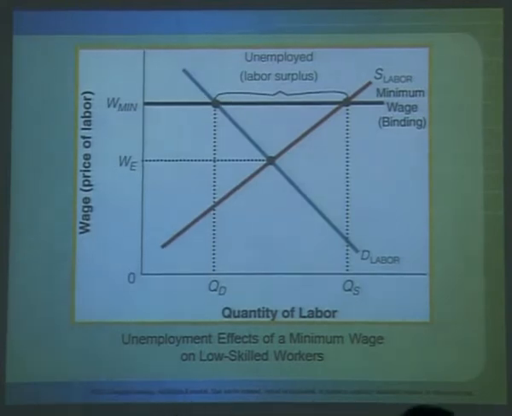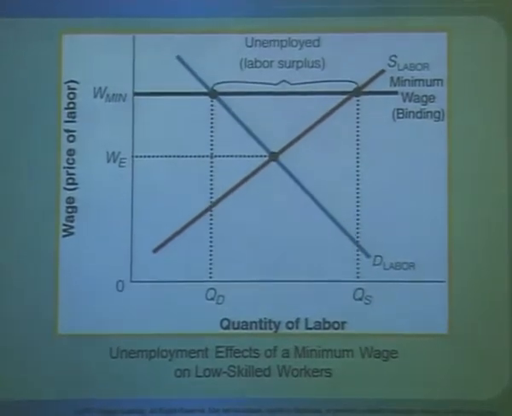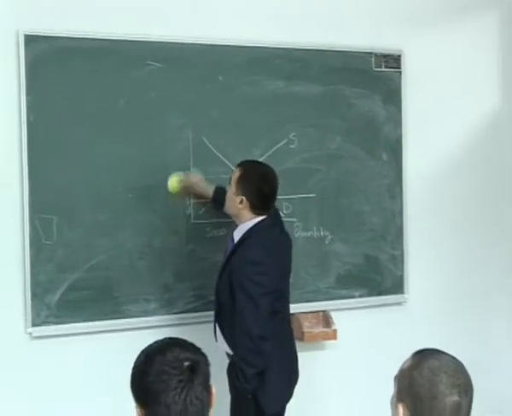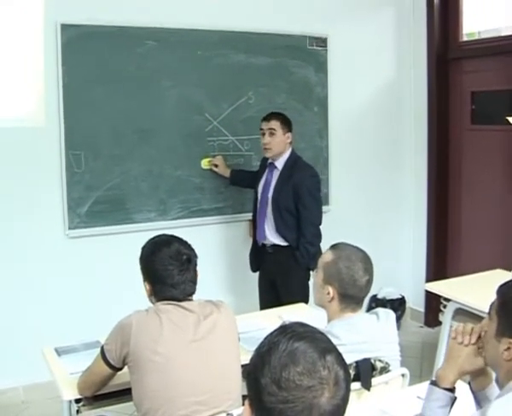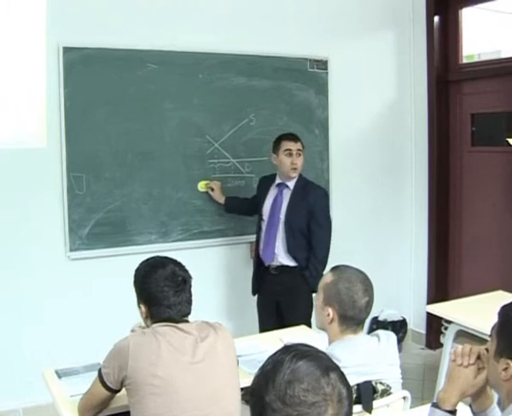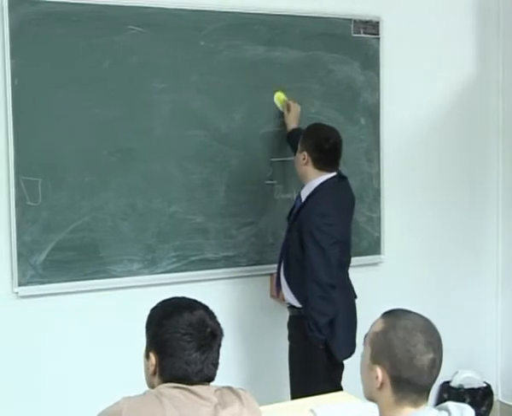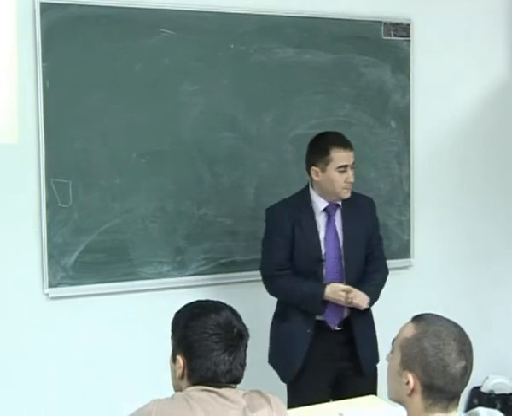Let's assume that in the labor market there are two types of labor. One is low skilled, less educated. The other one is highly qualified, well qualified, and so on.